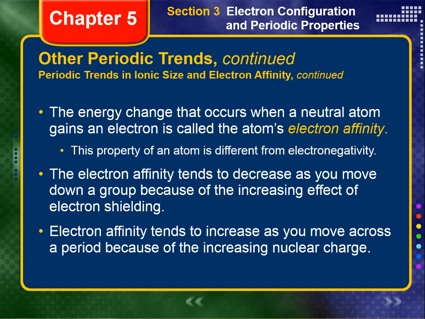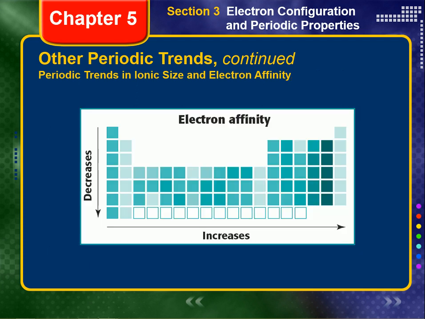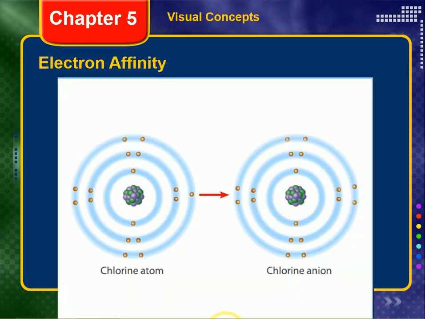This is the energy change when an atom actually does gain an electron. The electron affinity tends to decrease as you move down a group because of the increasing effect of electron shielding. Electron affinity tends to increase as you move across a period because of the increasing nuclear charge. So here's your trend that you're responsible for remembering. For electron affinity, you decrease as you go down a group, but you increase as you move across a period.